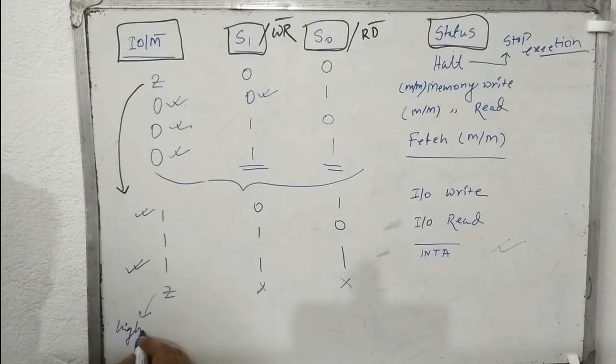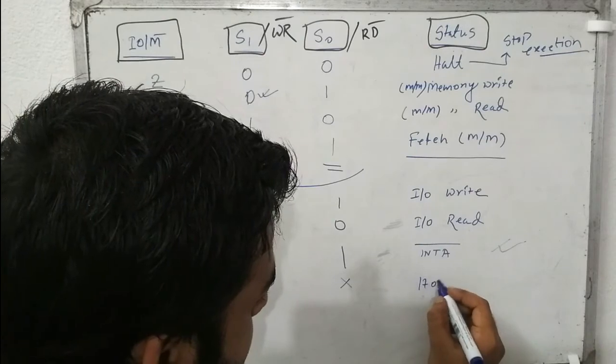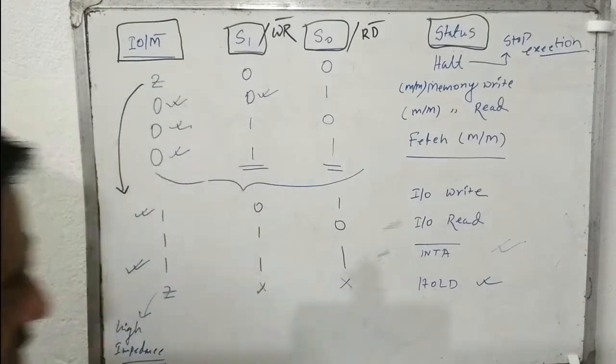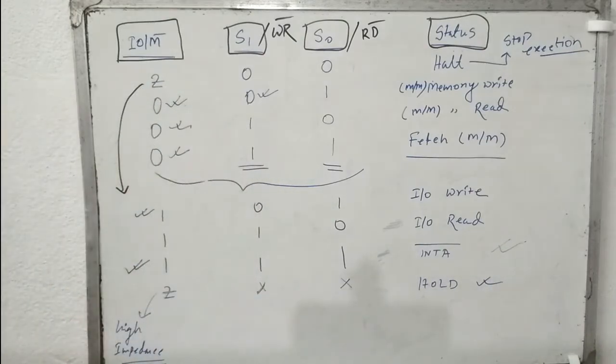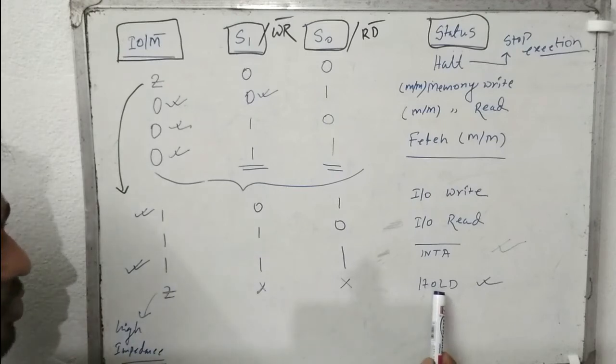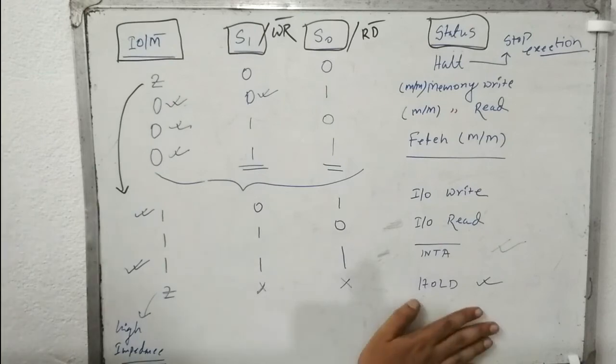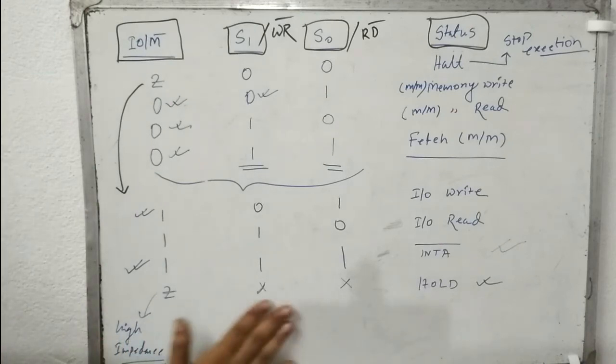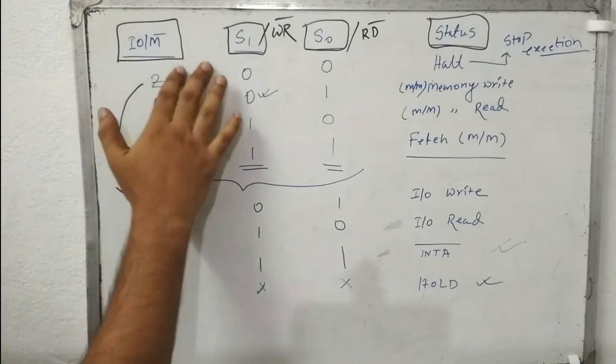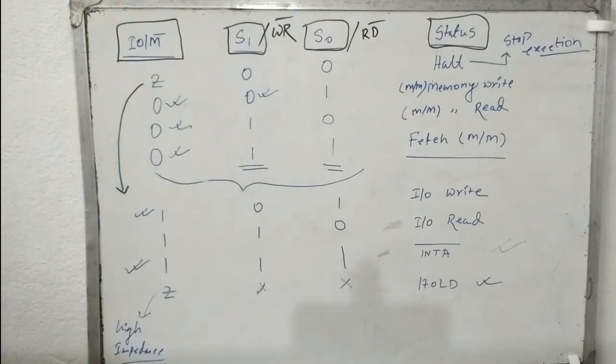In that case it will perform the hold operation that I showed in our previous video during the operations of DMA, direct memory access. DMA also sends these hold signals to the microprocessor to access the address, data and control buses. So this is the hold operation, performed when this kind of signal is generated on the three status control pins.